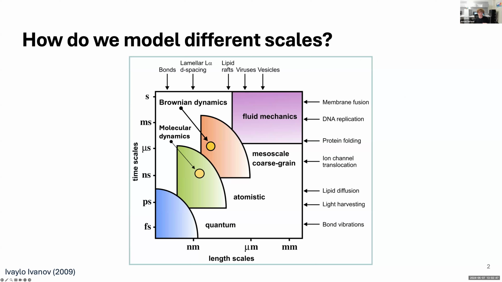There's very short time scale and short length scale interactions between proteins and atoms, and then on a larger scale, there's interactions between cells and all the way up to whole organisms. So at each of these levels, I'm sure we're all familiar with the way that we model them. We can have atomistic representations of proteins, or we can have larger, more coarse grain representations.